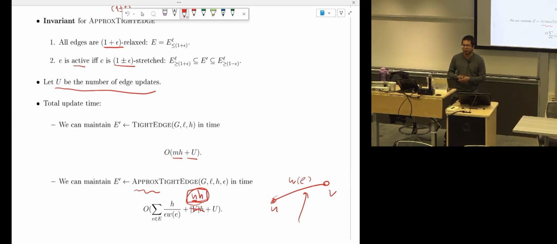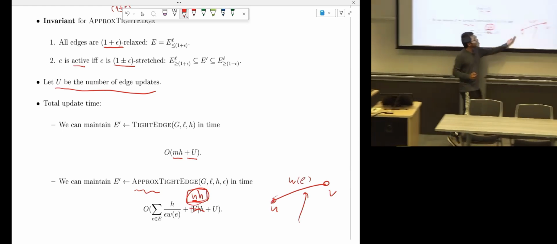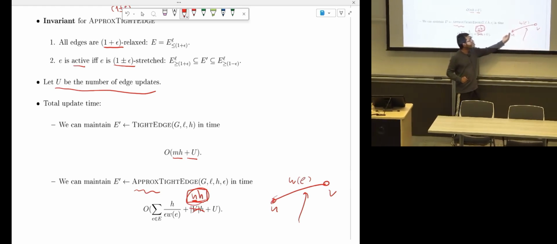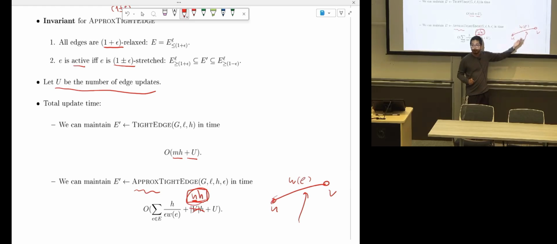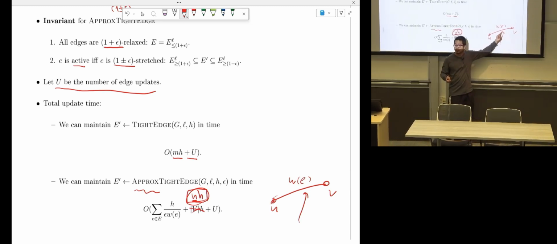What's the frequency? How often should we probe this edge? It's epsilon times the weight. Basically, once the level of this endpoint has changed by epsilon times the weight, that's when we check. Because if it changed by less than epsilon times the weight, things don't really change how much this edge is stretched.